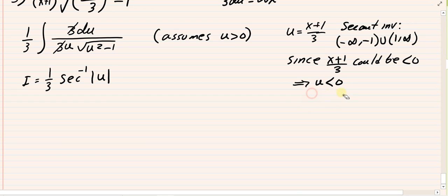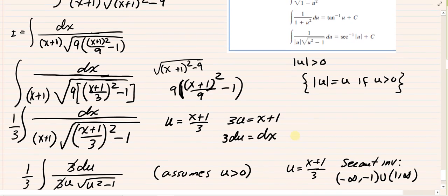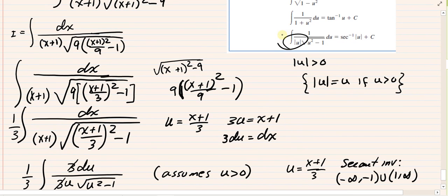So to avoid a negative factor, we want u to be positive in the denominator, so we're going to put absolute value of u here plus a constant, and that's going to be 1/3 secant inverse of the absolute value of x plus 1 over 3. There you go. This was something we had to be wary of, because this expression could be less than 0.